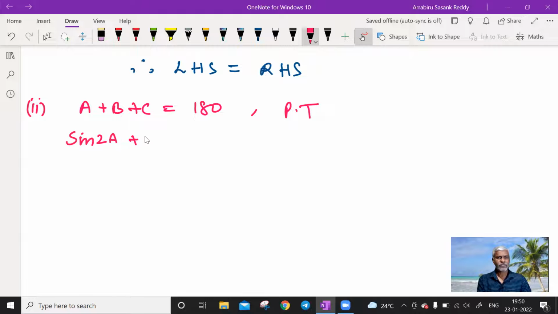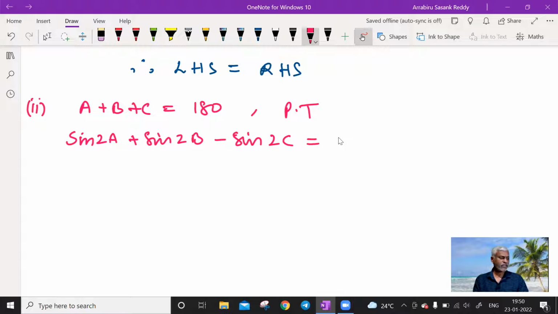The only difference from the previous problem is the minus sign.